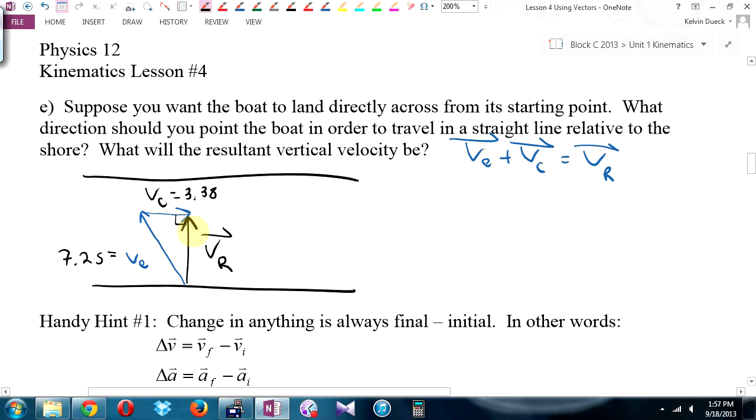But it wants the direction that I should point the boat. So let's divide this into a part A and a part B. What direction should I point the boat? Well, I think I would point the boat that way. Is that okay?